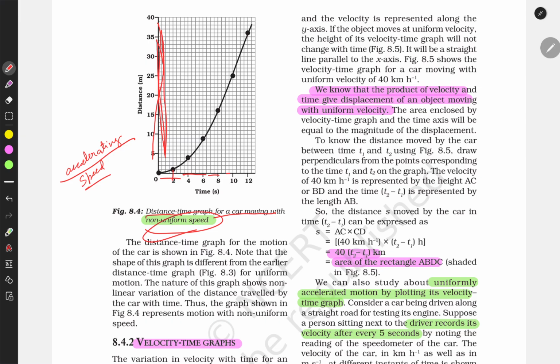In every patch of time we can see the distance is increasing. So distance upon time, the distance is increasing, and overall the speed will increase, and this increasing will be the accelerating speed.